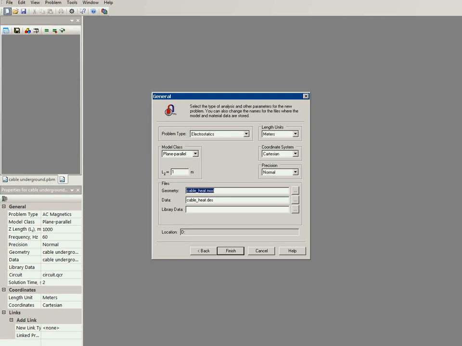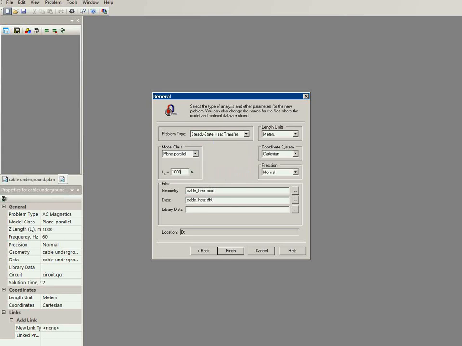In order to complete the coupling of two problems, both problems should share the same geometry model file. So when I create the heat transfer problem, I specify that the problem type is steady state heat transfer.